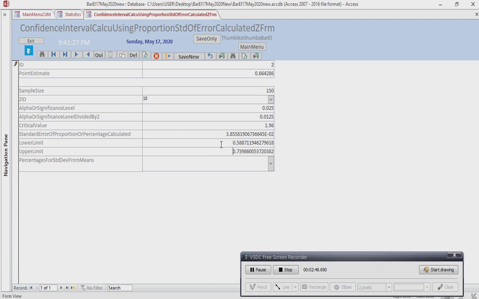So the confidence interval in this case is 0.588 on the lower limit and the upper limit on the top is 0.739.